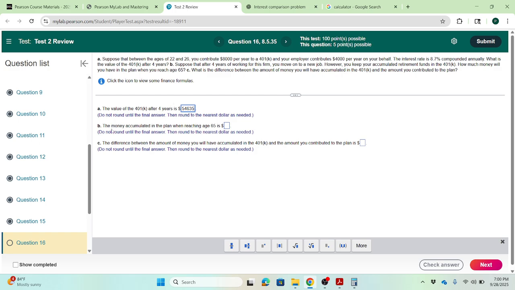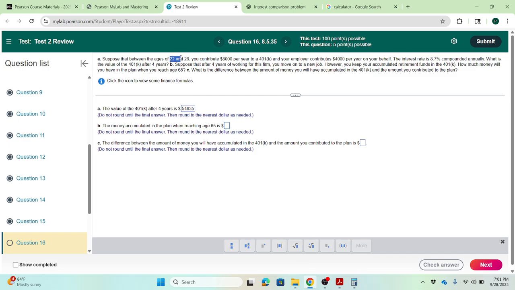For part B, the money accumulated in the plan when reaching age 65. So let's read part B. Suppose that after 4 years of working for this firm, you move on to a new job. So the meaning is you are not contributing any additional money to this account. So this is the value of your account at the end of the 4 years. What happens to this value after that?